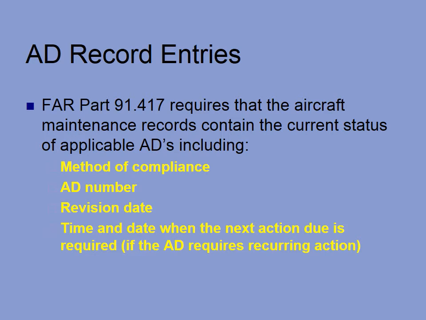Federal Aviation Regulation, Part 91.417, requires that the aircraft maintenance records contain the current status of applicable ADs, including the method of compliance, the AD number, the revision date, the time and date when the next action due is required, if the AD requires recurring action.